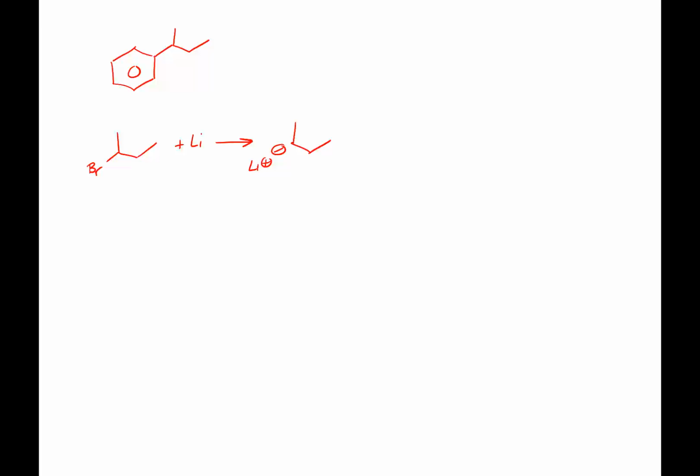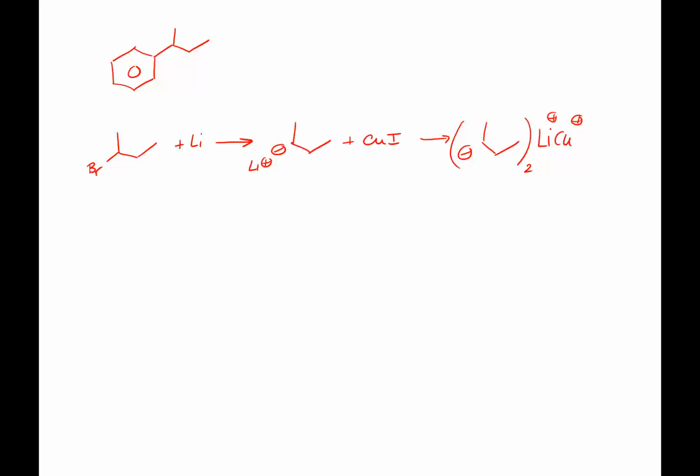So I'd basically make like a Grignard C-. I would then react that with copper iodide to make the lithium cuprate.